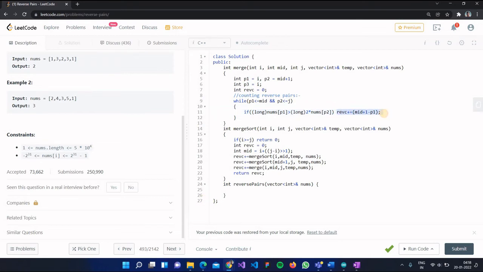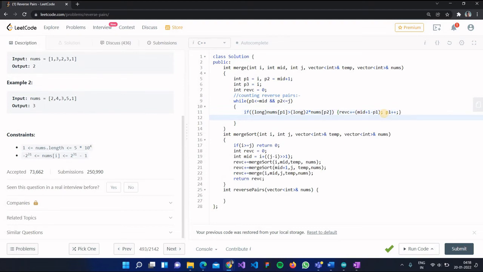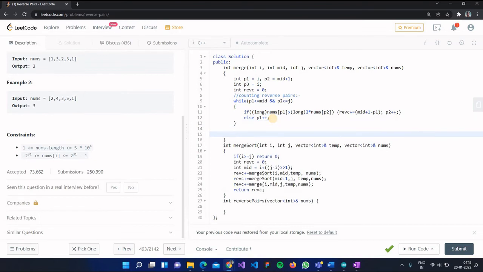At the same time we also move our p1 pointer, so the same thing we're going to do over here. If this condition is not holding, sorry, I think I just missed it over here. Here we don't increase p1, we increase p2. If this condition doesn't hold, that means we simply have to increase p1 here. So this is how we counted the reverse pairs.